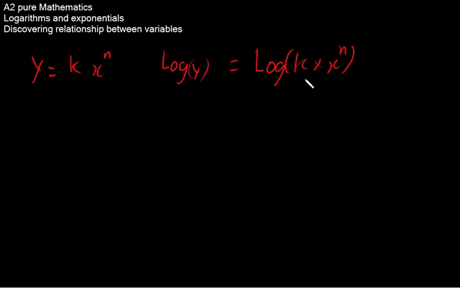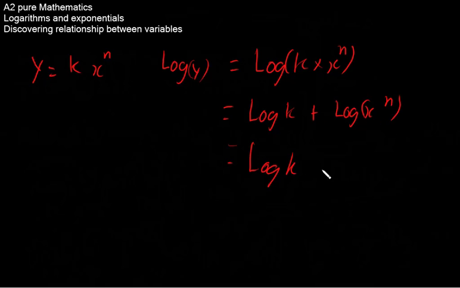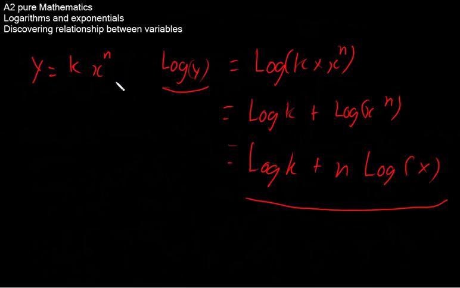From the properties that I've shown you in the last video, this should be equal to the log of k plus the log of x to the power of n, which is the log of k plus n log x. So this is what we can get from that.